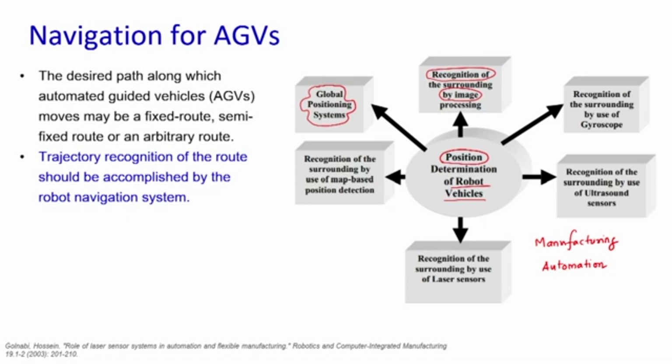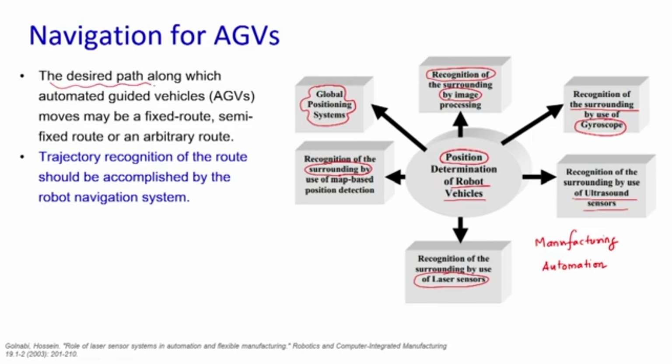Then gyroscopes also help us recognize the surroundings of the robots. We can also use ultrasound based sensors to determine the position of the robot vehicles. Then based upon maps we can recognize the surroundings of the robotic vehicle and take the appropriate decision. However, lasers help to a great extent in position determination of robot vehicles.